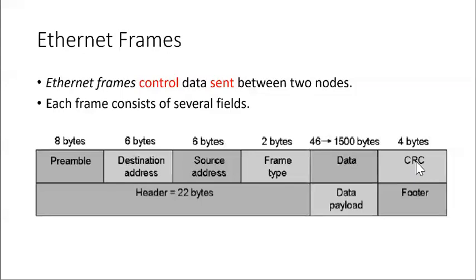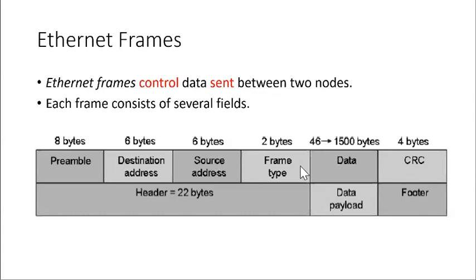There are techniques by which CRC is calculated. Based on whatever data is being sent, the CRC will be calculated by the sender computer. The sender computer will calculate and store the CRC value, again in patterns of zeros and ones, put it in the footer part, and then send it.